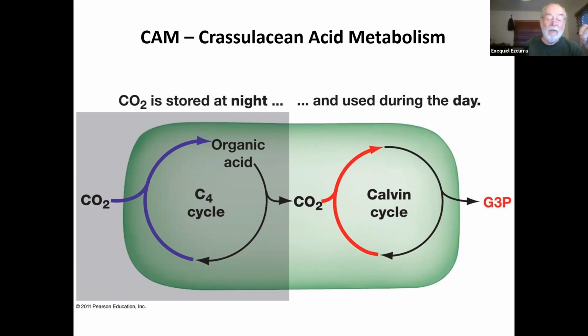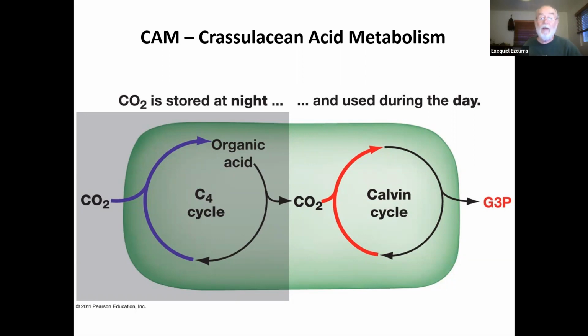And then at night, when it's cooler and evaporation is much, much lower because there is no solar radiation, they open the stomata and they bring in the CO2 and convert it into sugars. So they store energy during the day and they capture and store CO2 during the night. They have the two functions separated. And that's amazing because that allows them to survive very, very well in a desert environment.